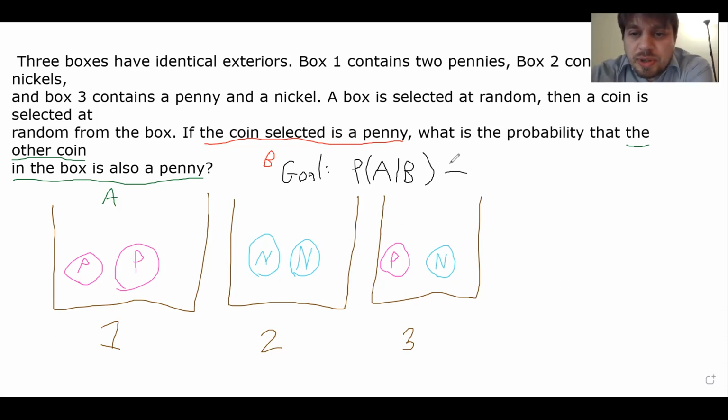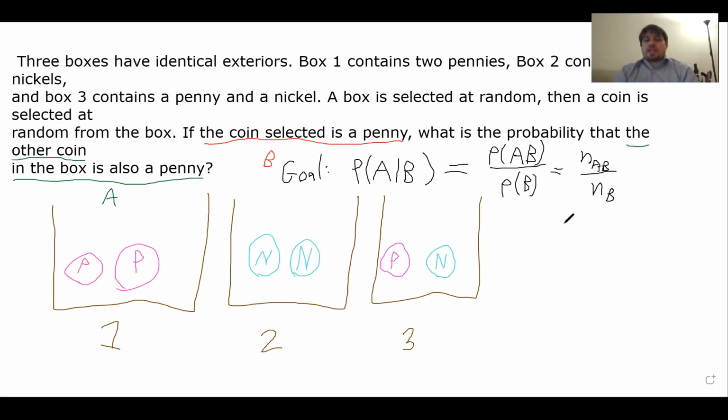Okay, and so the probability of A given B is the probability of A and B divided by the probability of B. This is also the same as the number of elements in the event A and B divided by the number of elements in the event B. Okay, because the denominator is going to cancel.